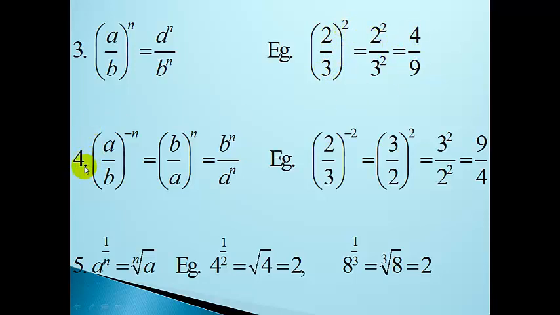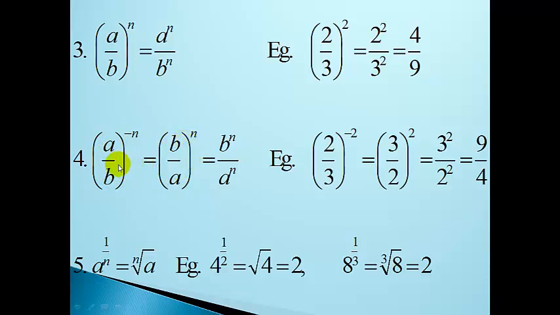Now property number 4. We have a over b all exponent minus n. The only difference between property number 3 and property number 4 is the exponent. For property number 3, the exponent is positive, but for property number 4, the exponent is negative. Now let's look at what the property says. A over b exponent minus n is equal to b over a exponent n.